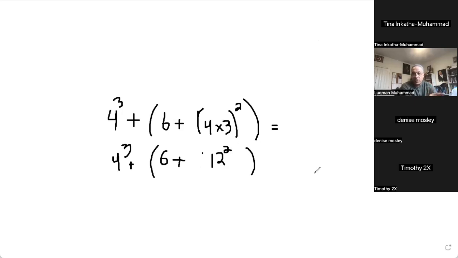Now watch this though. Watch what happens if I don't follow the rules. If I take this and I make that as 4 squared times 3 squared. What's 4 squared? That's 16.